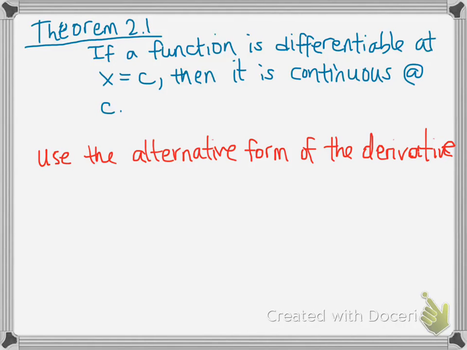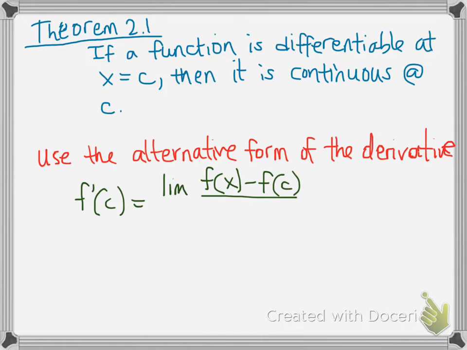And in order for us to do that, we need to use the alternative form of the derivative, which is f prime of c is equal to the limit of f of x minus f of c all over x minus c as x approaches c.